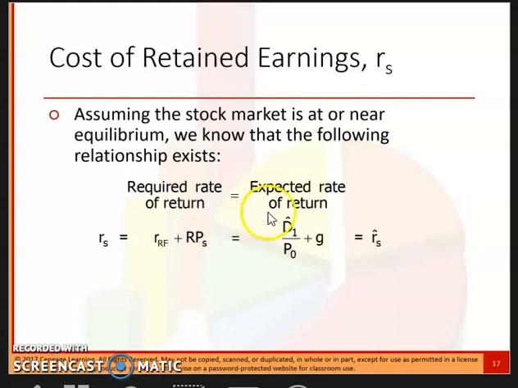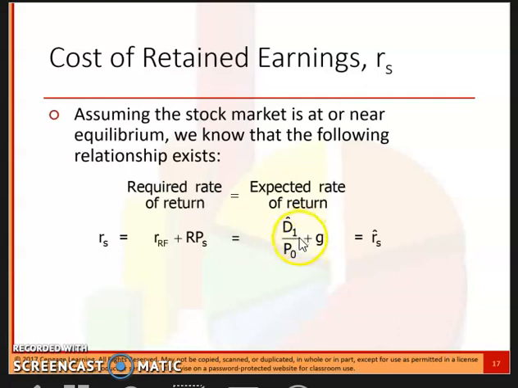So it's also equal to the dividend yield right here, the dividend next year divided by the current price, plus the growth rate. And this is equal to the expected return on retained earnings.